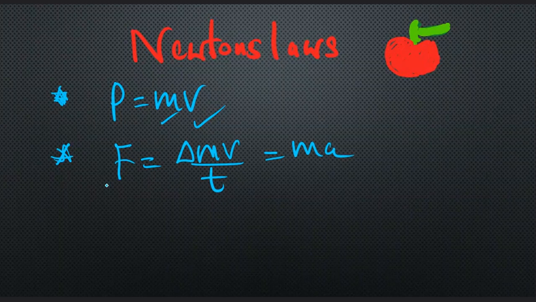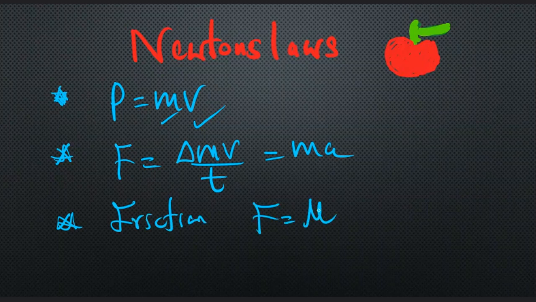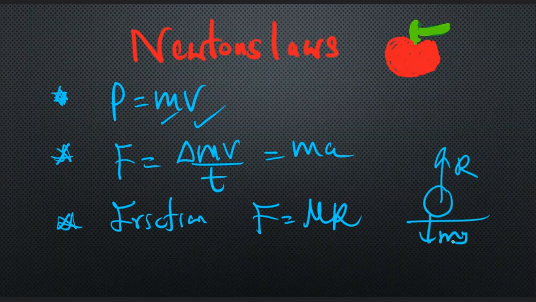Then under this we have friction equations. So for frictional force, F equals mu R, where R is the reaction force, right? So we have two mu values, stationary mu s, and in motion dynamic mu d, right?